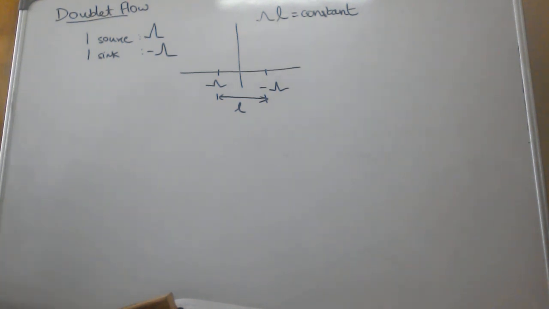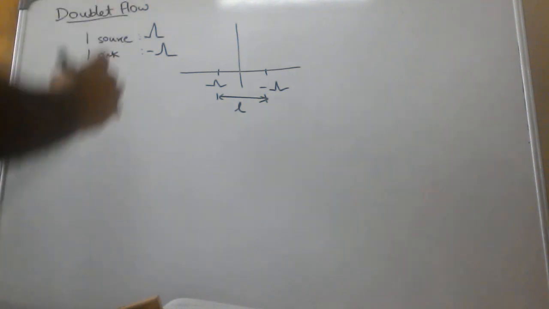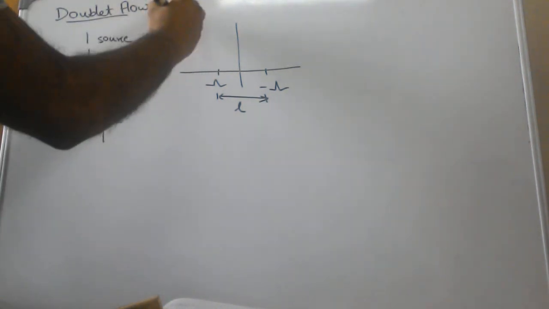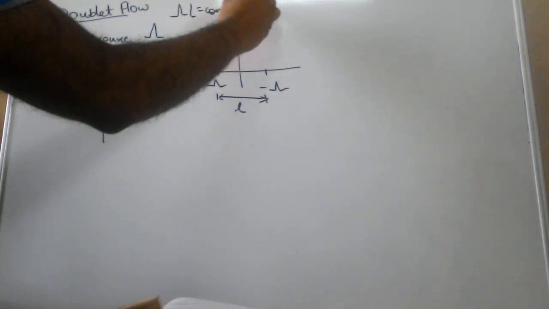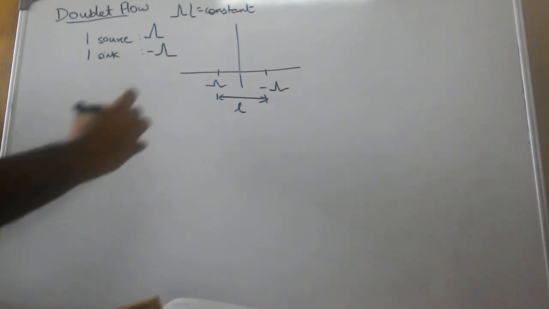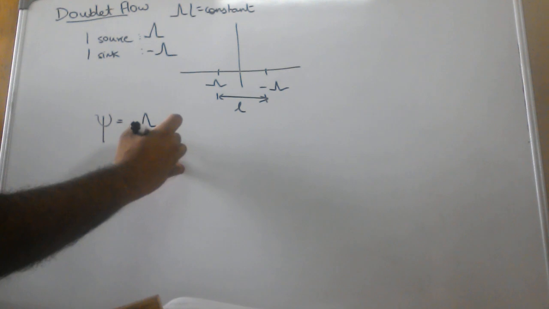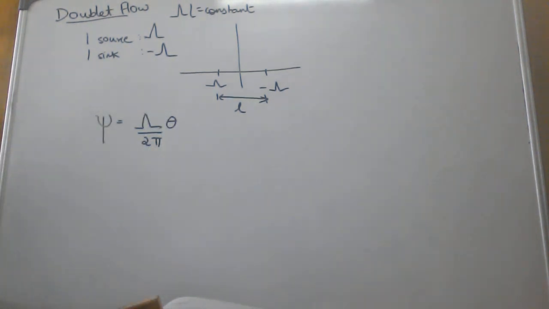Right? So now we know that the stream function for a source flow, let's just write that down here. We know that the stream function for a source flow is given by lambda by 2 pi theta, right?